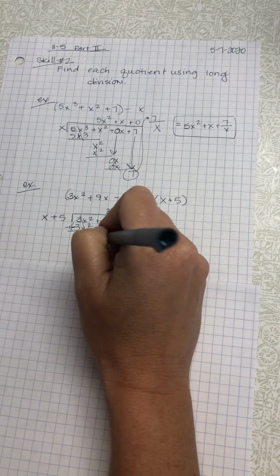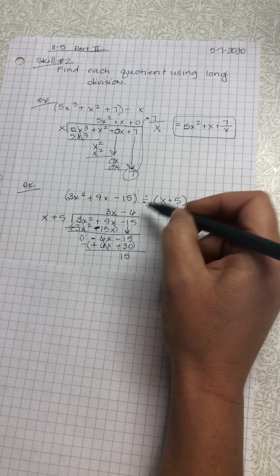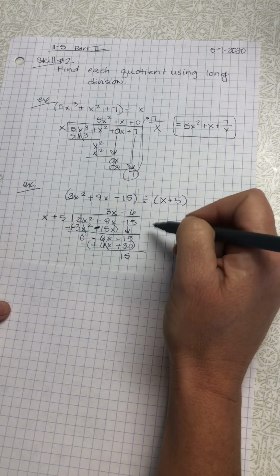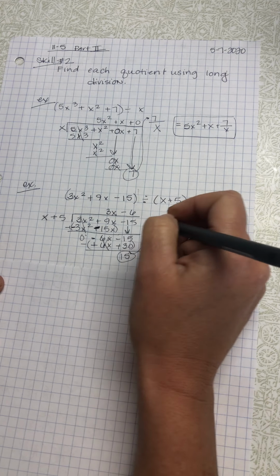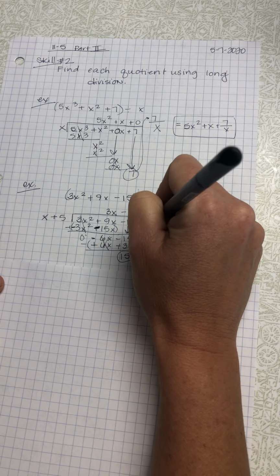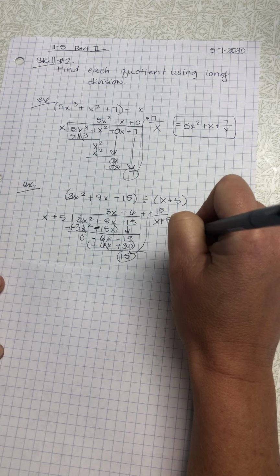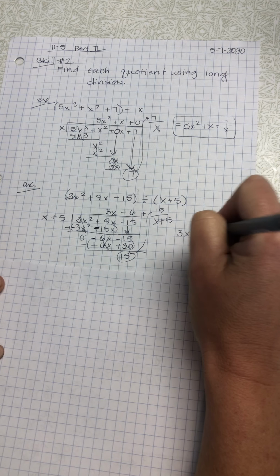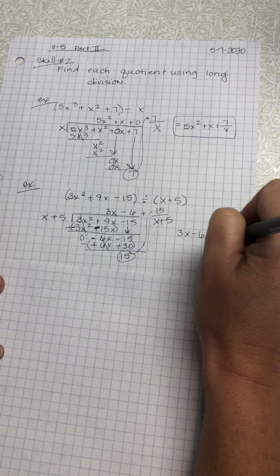So I end up with no x's and a positive 15. And there's nothing else, no math to do, so this is my remainder, which means it becomes my numerator. So we're going to do plus 15 over x plus 5. So our final answer here: 3x minus 6 plus 15 over x plus 5.